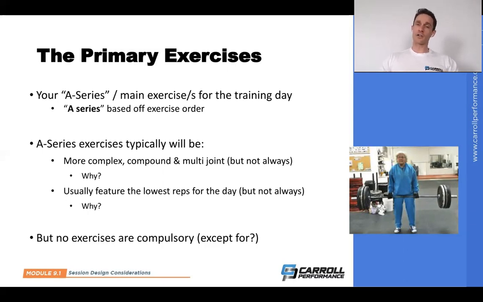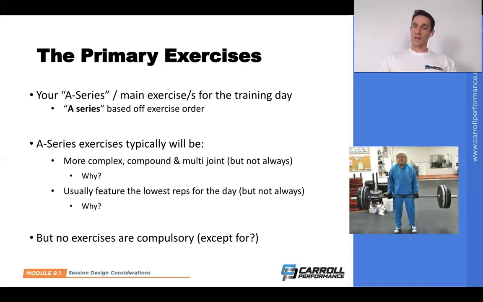And if you have a higher training frequency across the microcycle, so if you're training more often, very rarely are you going to be doing back squats or bench press as a primary lift for all 5 sessions as your A-series. The reason why a lower rep prescription would usually occur, or contextually lower rep relative to the supportive and accessory exercises that follow, will very much come down to being more fresh, less neural fatigue.